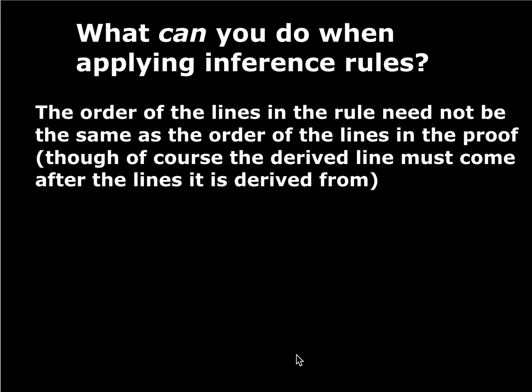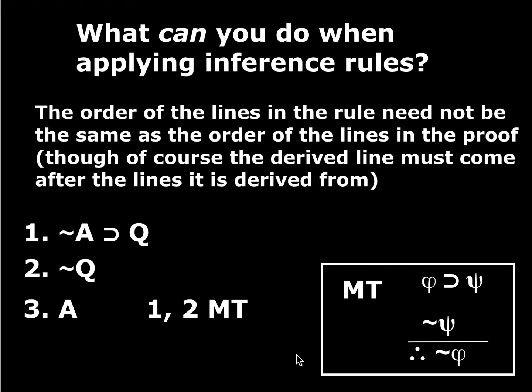The order of the lines in the rule doesn't have to be the same as the order of the lines in the proof. Okay? Except, of course, the derived line does have to come at the end of whatever you're doing. So here's modus tollens. In the written schematic, we have the conditional above the negated consequent, just like here. But this is fine, right?